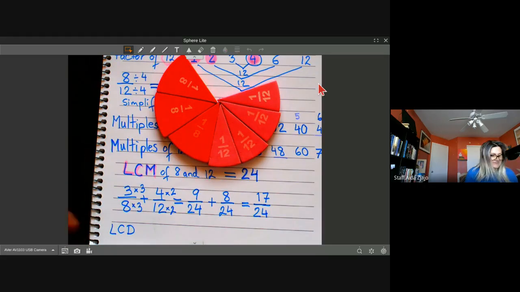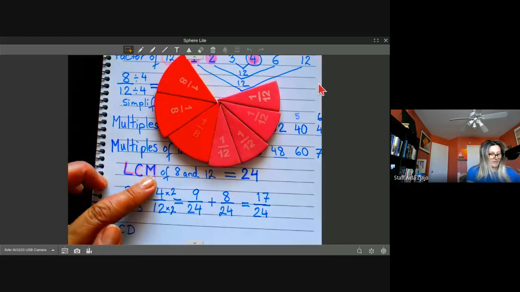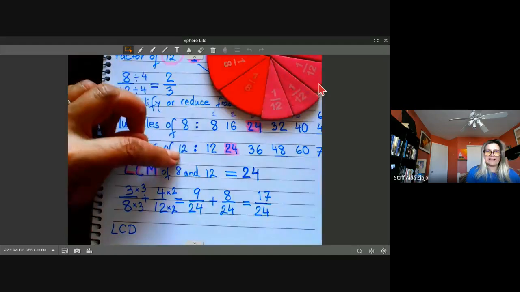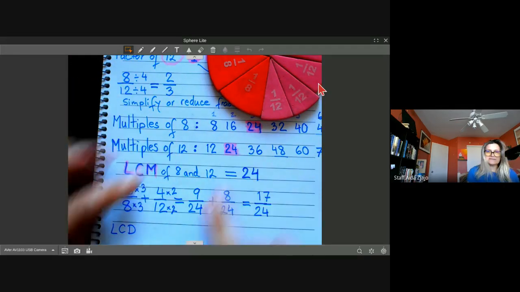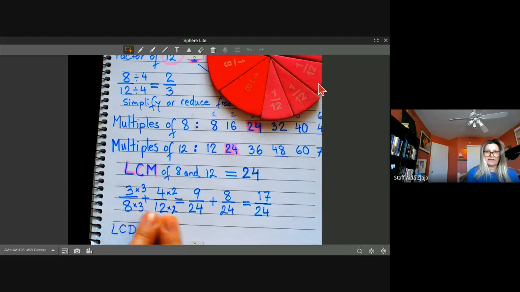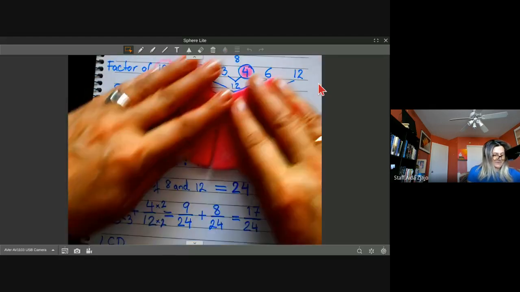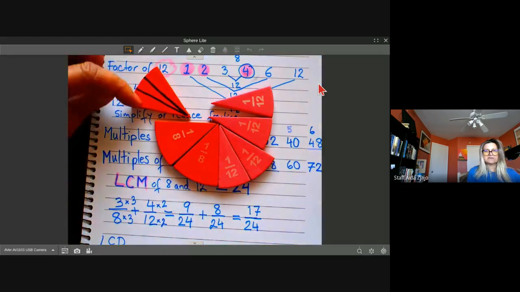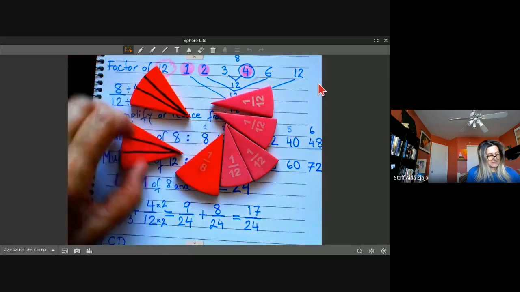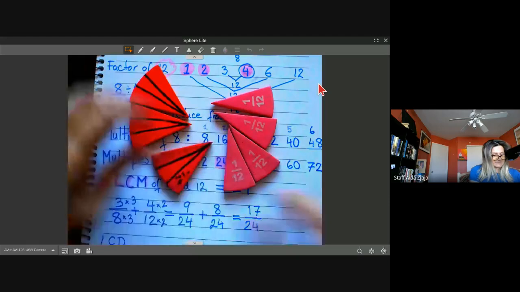So what I found, the least common multiple for 8 and 12 is 24. That tells me I need to change the 8ths and the 12ths into 24ths. So I multiplied by 3, and each 8th gave me 3/24. And 3 more, that's 6, and 3 more, that's 9.